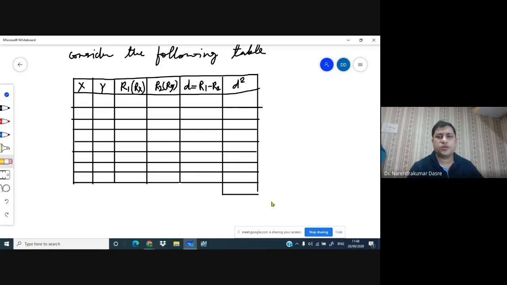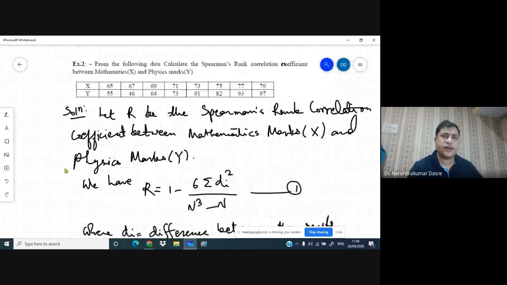Okay, so see the observations what we have. See the X observations.